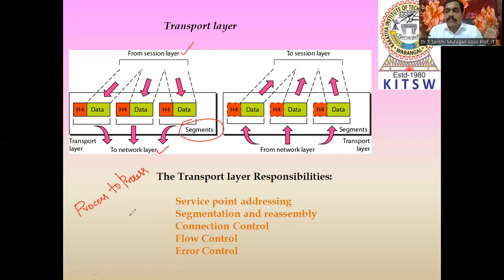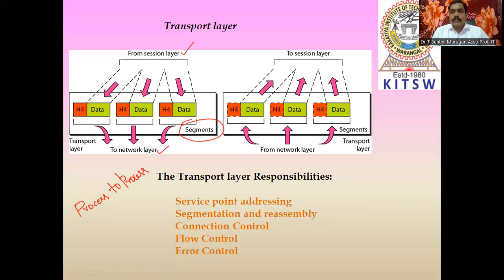If you are not opening WhatsApp, what will happen? You won't know whether you received the message or not. So the message will be delivered to the particular process working on the receiver side. It will reach WhatsApp to WhatsApp or Gmail to Gmail like that. This is the responsibility of the transport layer.